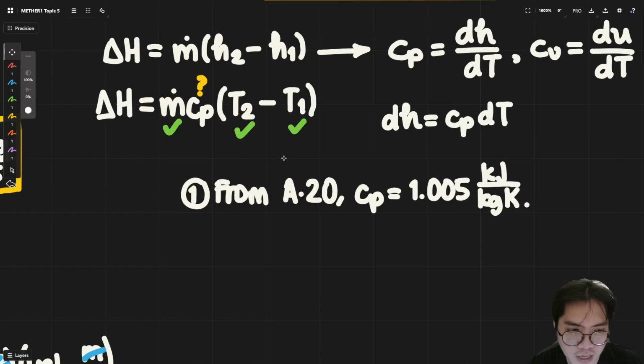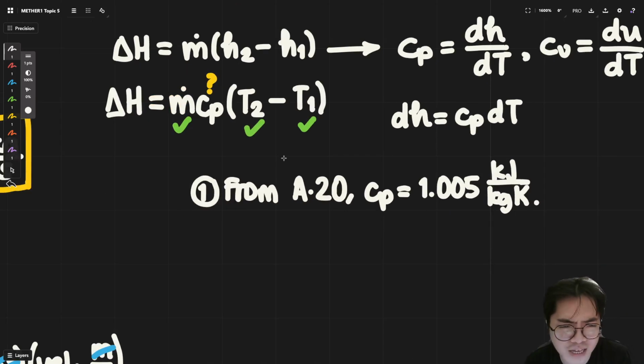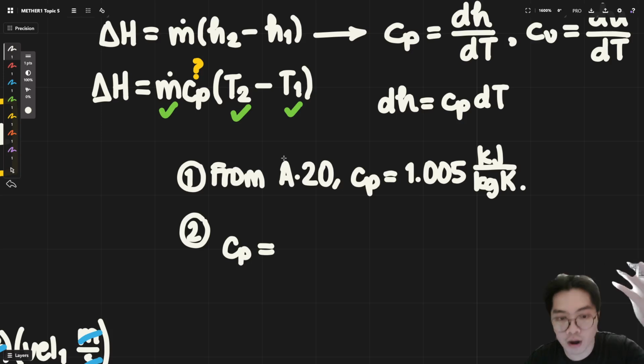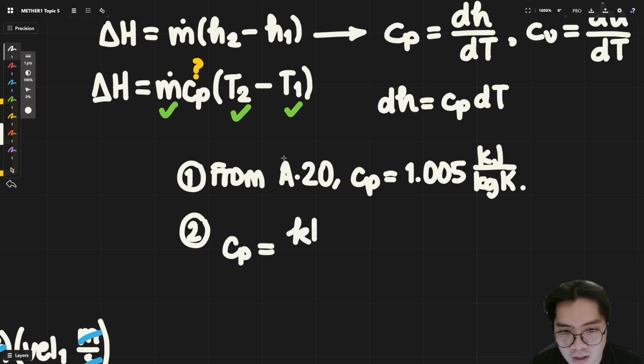You might say to yourself, or someone else might say, you know what, why should I even get it from the table? I have memorized something. The something is that there is actually a formula for Cp. If you know the value of the adiabatic index k and the R of air, the specific gas constant of air, the formula is Cp equals kR over k minus 1.